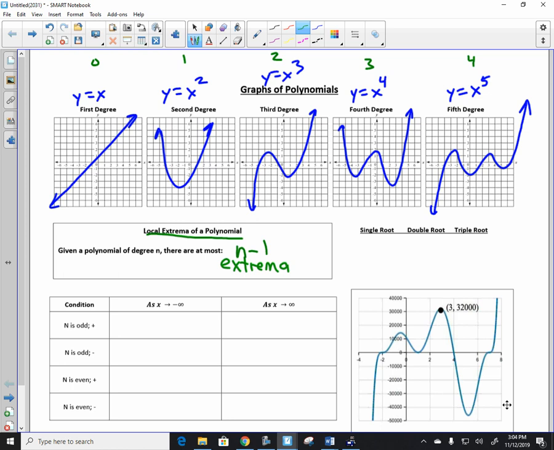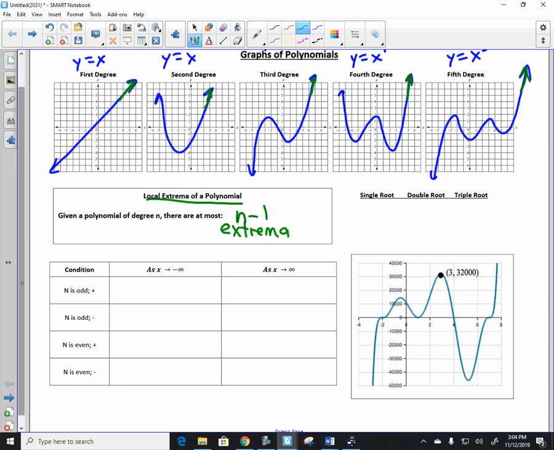Another thing to notice is how these finish. Look at how they all finish. This one finishes going up. This one finishes up. This one finishes up. This one finishes up. This one finishes up. So if n is odd or if n is even, as long as they're positive, they finish going up.